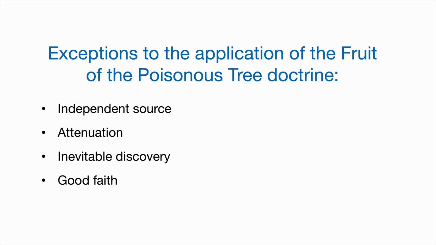So let's say that the prosecutor can show that in this type of case, they always subpoena certain records of the defendant or the defendant's employer, or they would have discovered the evidence through reviewing security camera footage legally.